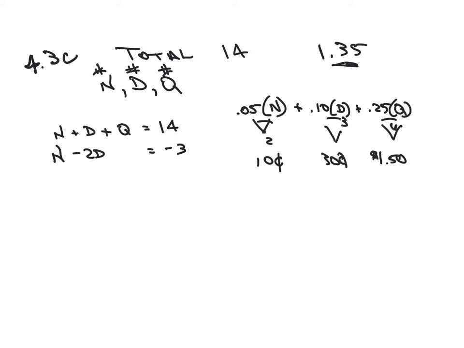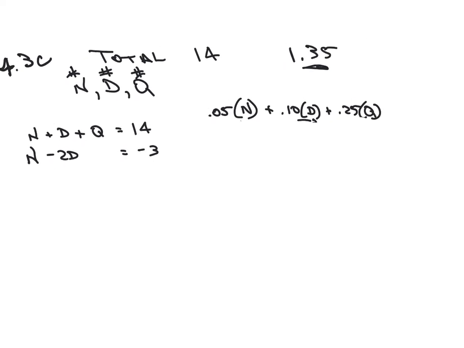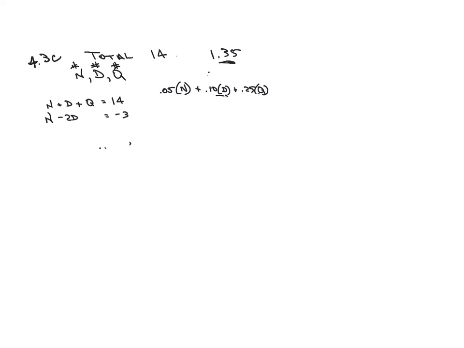And if I added up the 10 cents, the 30 cents, and the $1.50, that would give me the total value of my nickels, dimes, and quarters. Okay, I'm just using that as an example. And that is what we get when we add all of these up, and it says we're going to get $1.35.